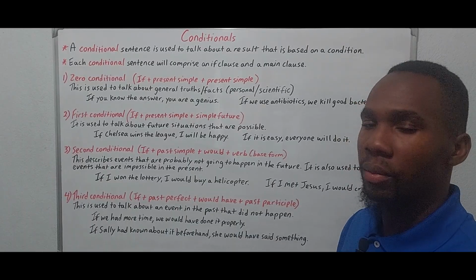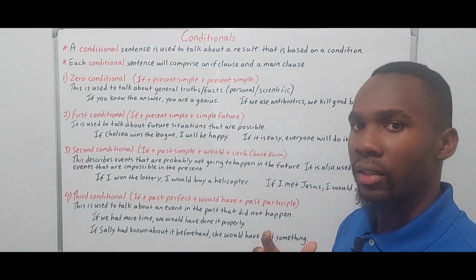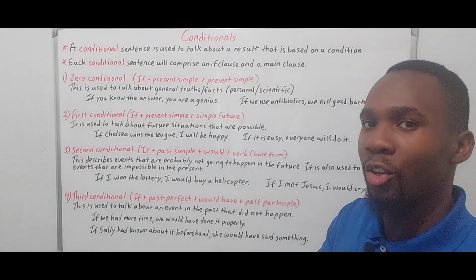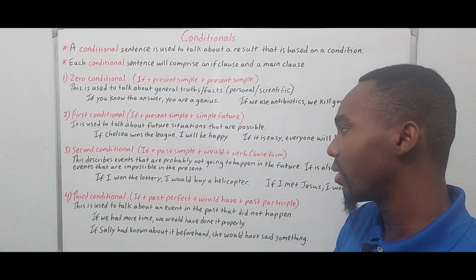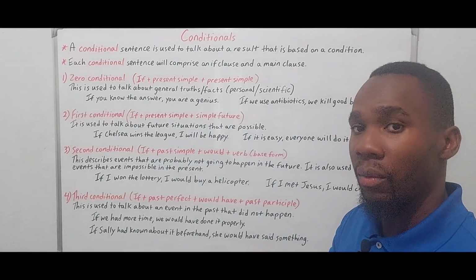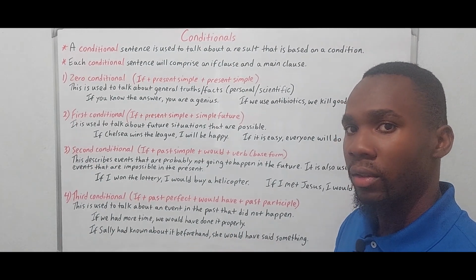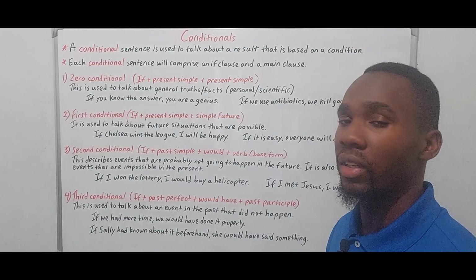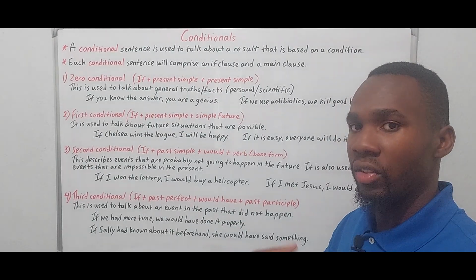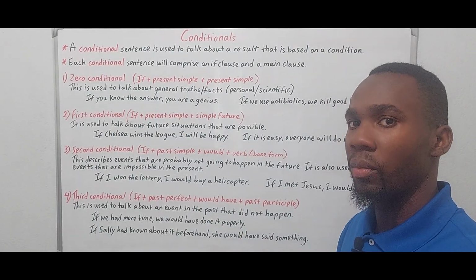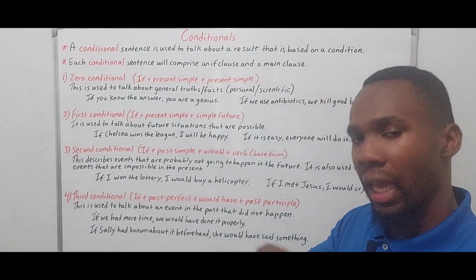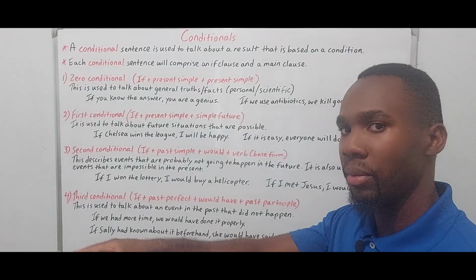So if we want to talk about a condition in the past, something that did not happen in the past, something that we would have wished for, but did not happen, we can use the third conditional, and then the result would just be used to talk about what we would have done if X had happened.